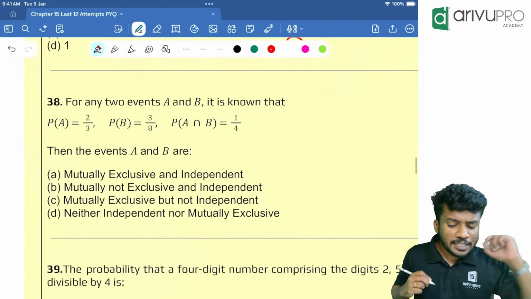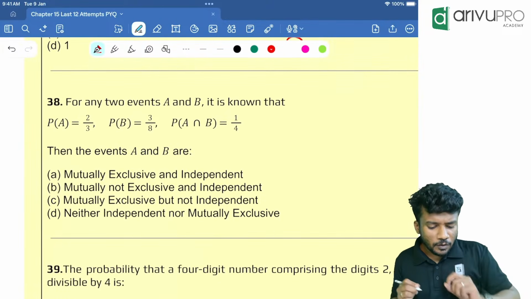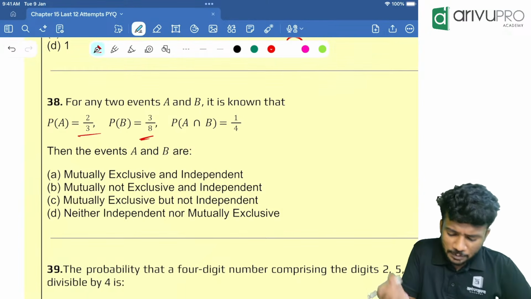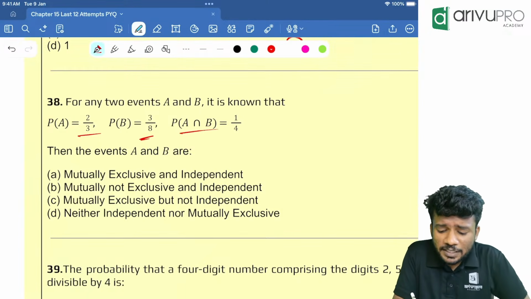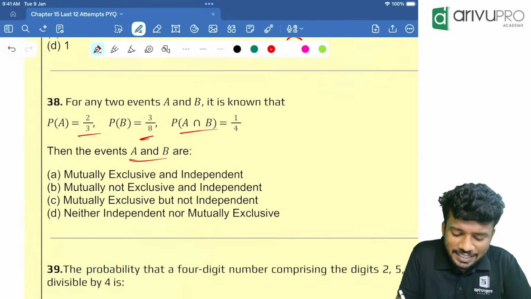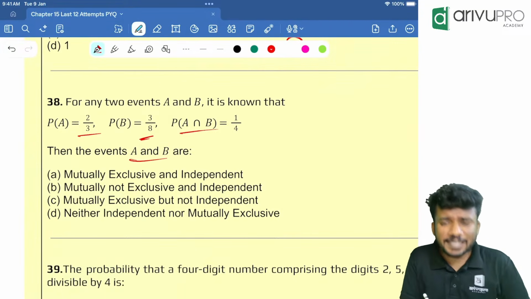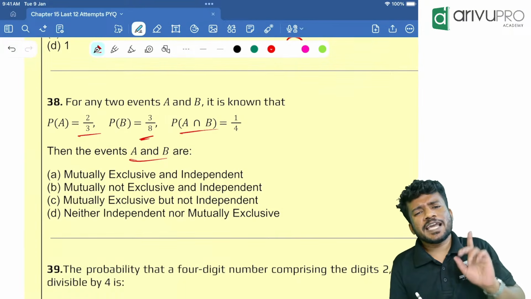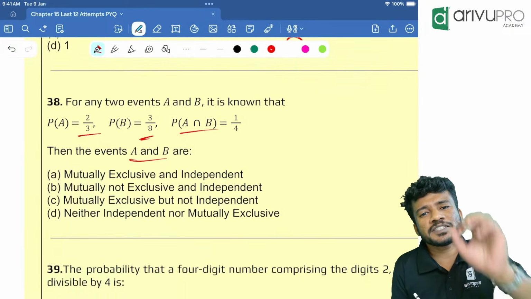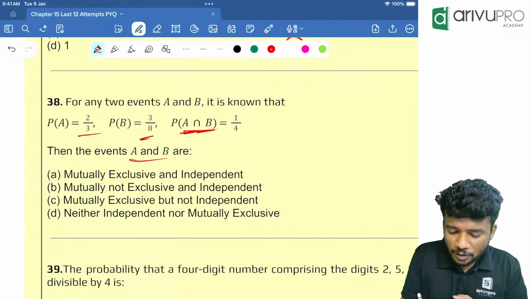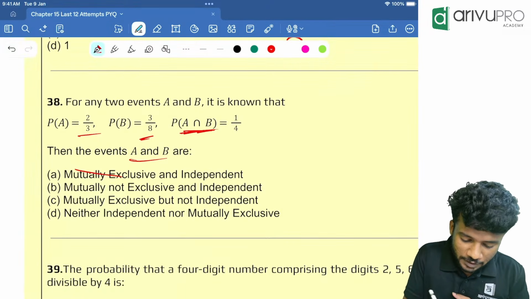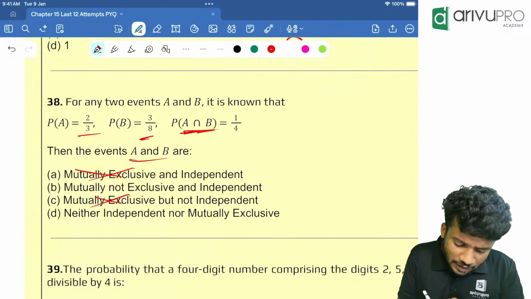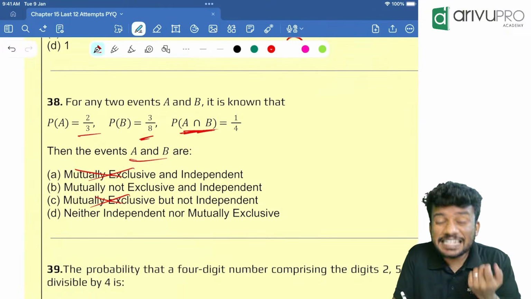Next one. For any two events A and B, it is known that P of A is equal to 2 by 3, P of B is equal to 3 by 8, P of A intersection B is 1 by 4. Then the events A and B are what? Mutually exclusive means their intersection should be 0. Here the intersection is not 0, it is 1 by 4. That means option A is wrong, and option C is also wrong. Then we need to check option B, whether it is independent.